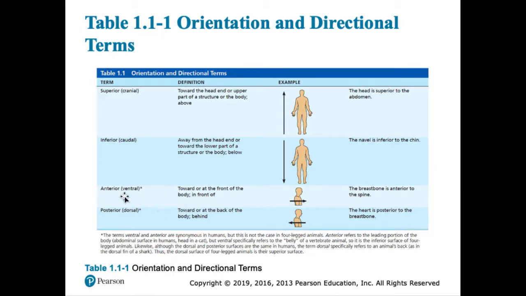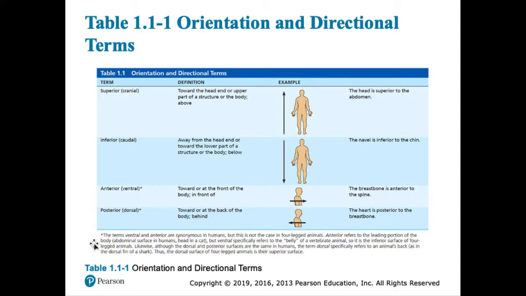Then, of course, we have anterior or ventral. Okay, so this is interesting because you'll see this little asterisk next to it, and there's a little note for you. The terms ventral and anterior are synonymous in humans, but if you want to go to vet school or study anything with four-legged animals, they are not.